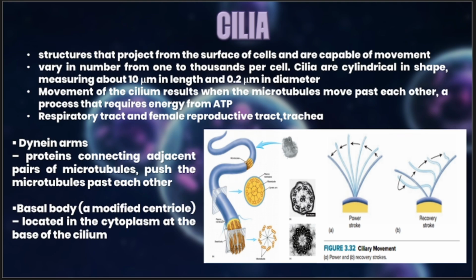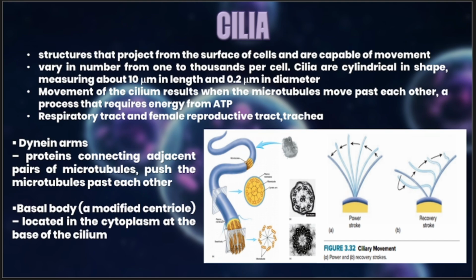We have here the dynein arms and your basal body. Your dynein arms are proteins that connect the adjacent pairs of microtubules and push them past each other. This movement is essential for the beating of the cilia and flagella.